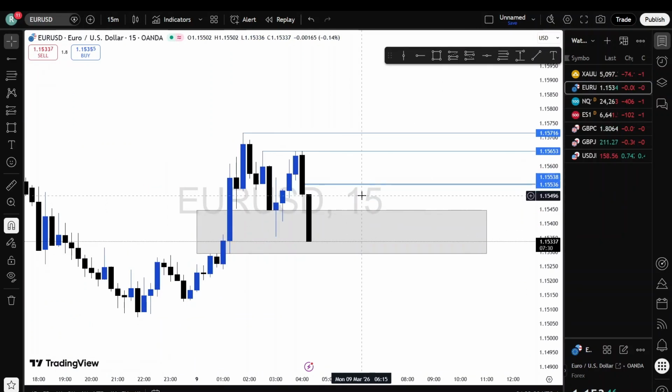So I think after this 15 minutes candle closes, we can get a setup, right?